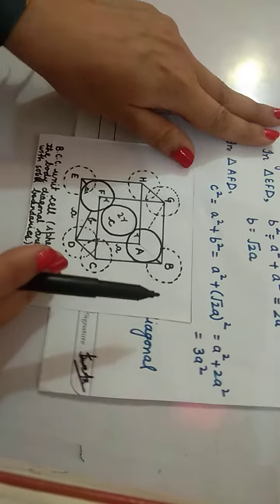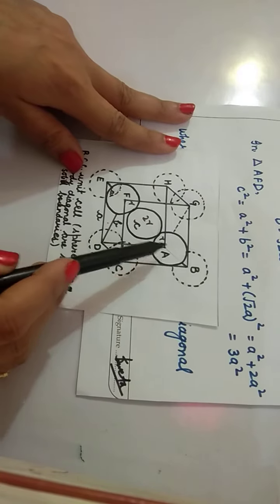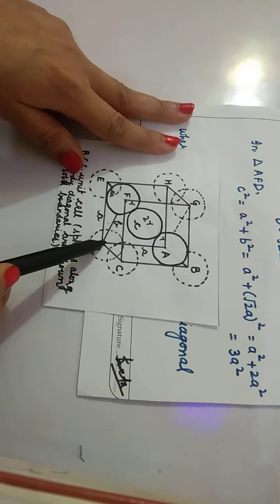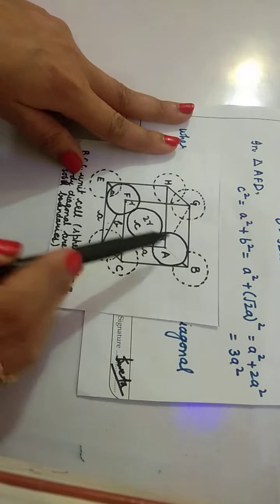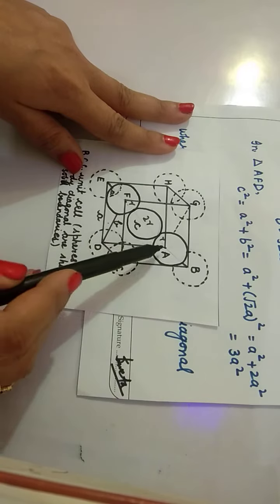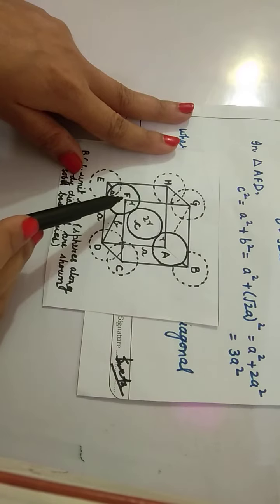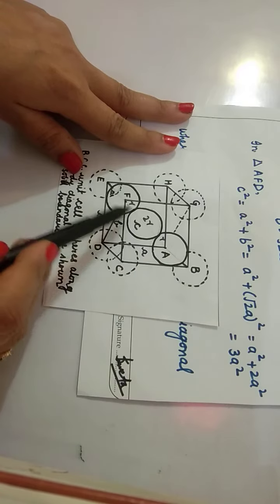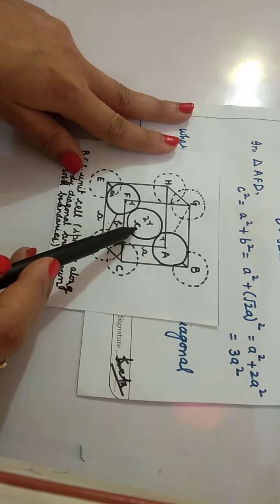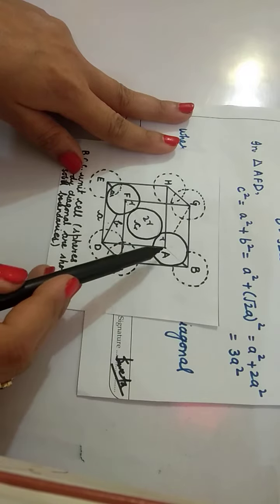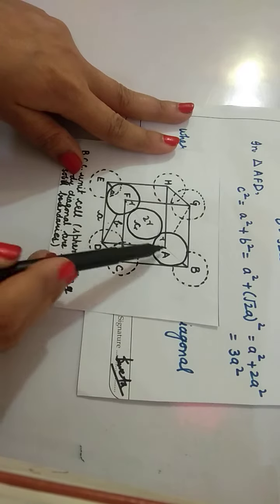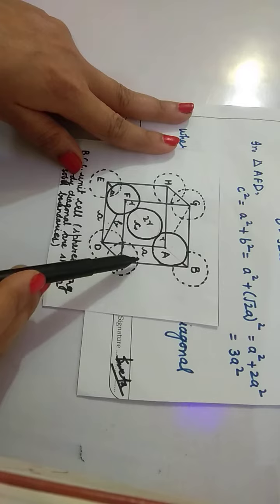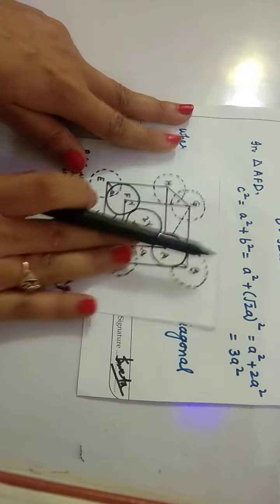Now we'll move to this triangle, triangle AFD. AF is the hypotenuse, AD and FD are the other two sides. It means here AF is equals to C, and AD is equals to A and FD is equals to B. So C square is equals to A square plus B square.